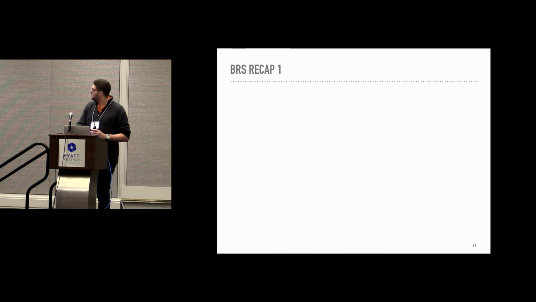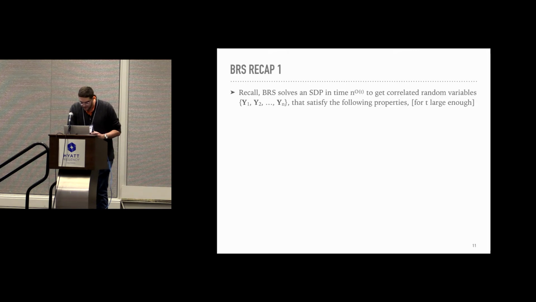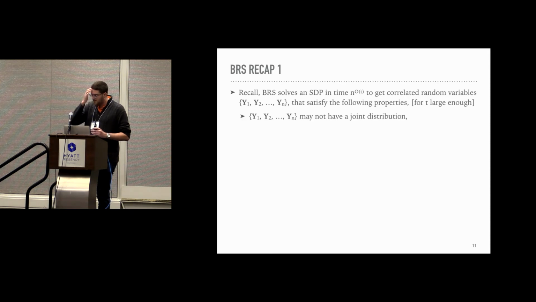Okay, so let me just remind you how BRS works. They solve an SDP, and instead of looking at the vectors, I think it's far more natural to look at the SDP as producing a collection of random variables. These random variables are correlated, and they may not have a joint distribution.